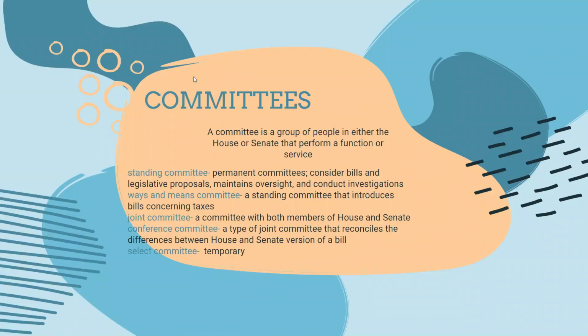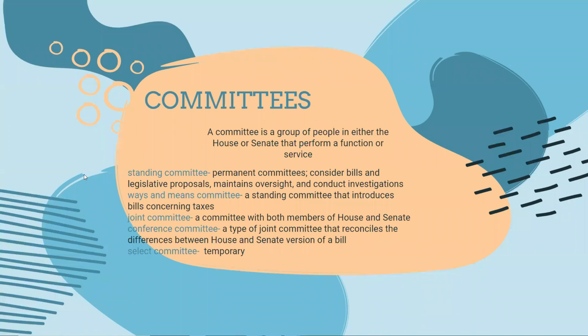Next, we'll move on to committees. So a committee is a group of people in either the House or Senate that perform a function or service. So that's really vague, but I'll go into specific types. So first is the standing committee. It's a permanent committee that considers bills and legislative proposals. And it maintains oversight over the executive branch and the president, and conducts investigations.